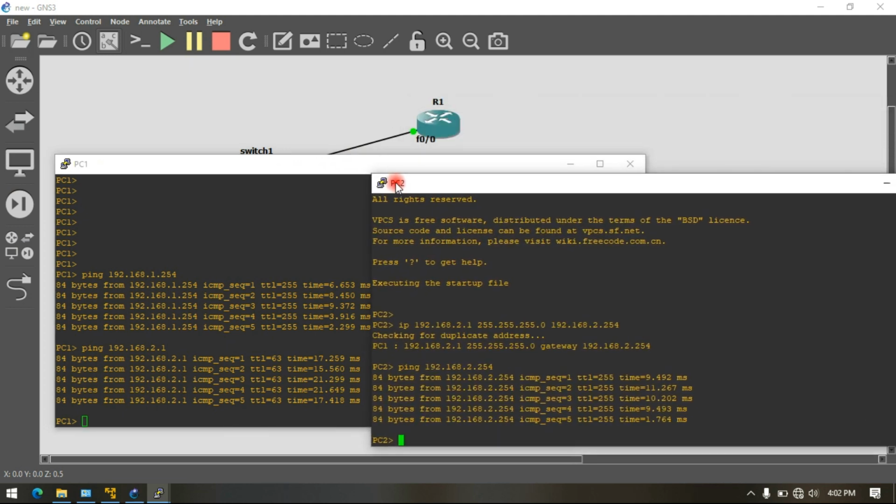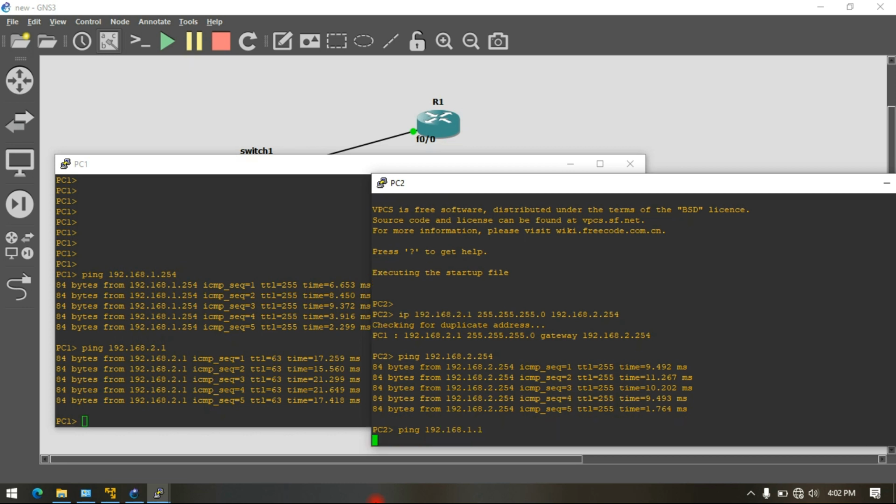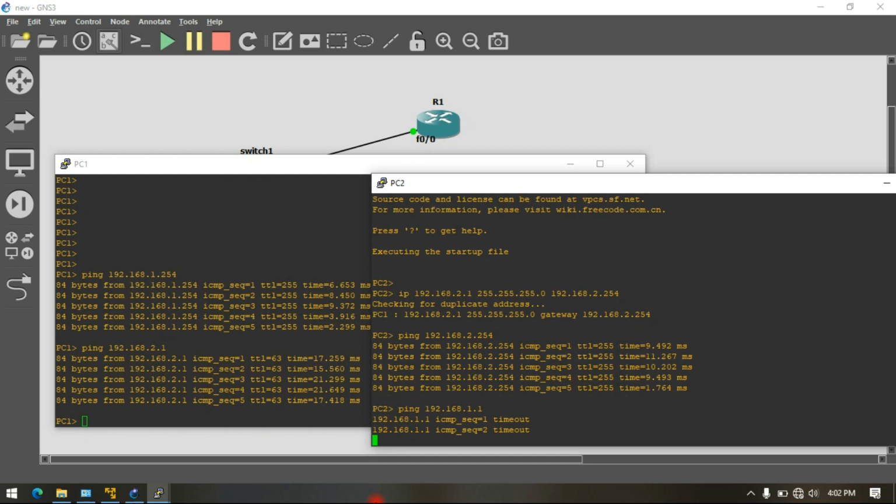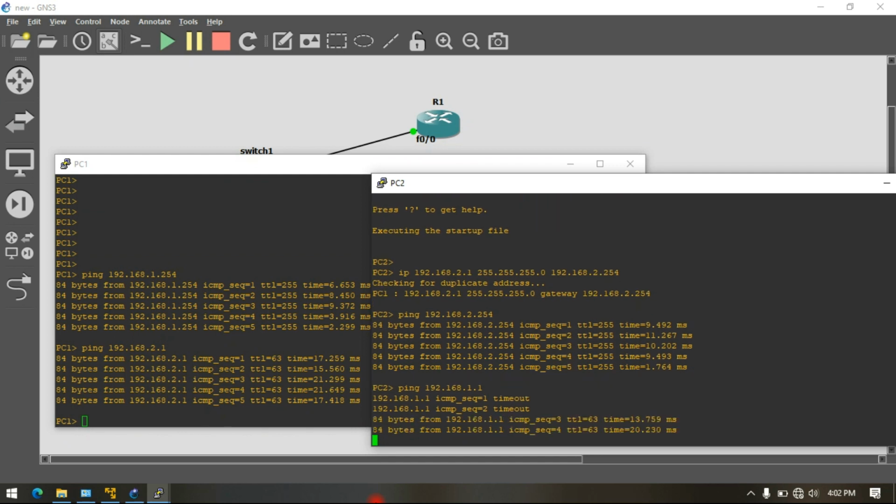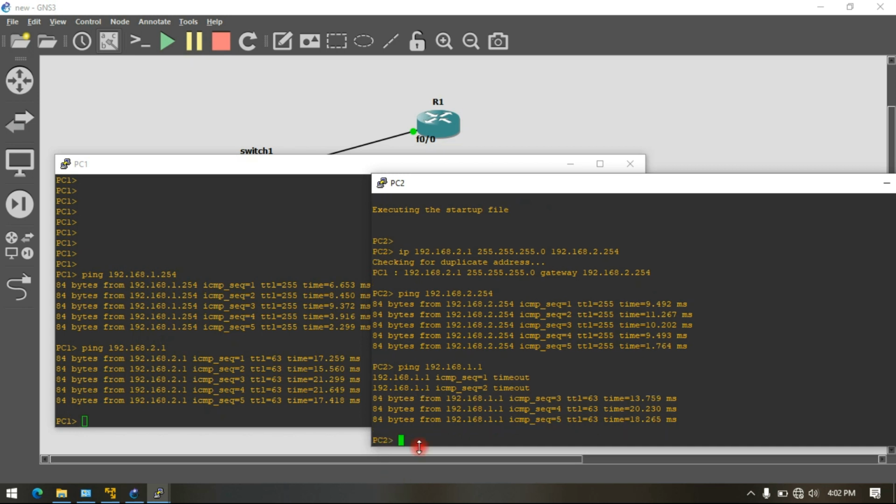If we were not using VLANs and we were to configure these two networks on separate interfaces on the router, traffic would still be able to travel from network 1 to network 2. So if we ping PC1 from here, 1.1, it's going to work, and it's working. It was taking time to learn the path for the packets to travel.